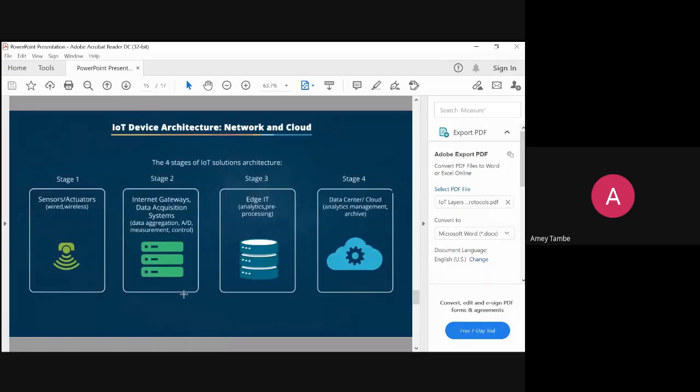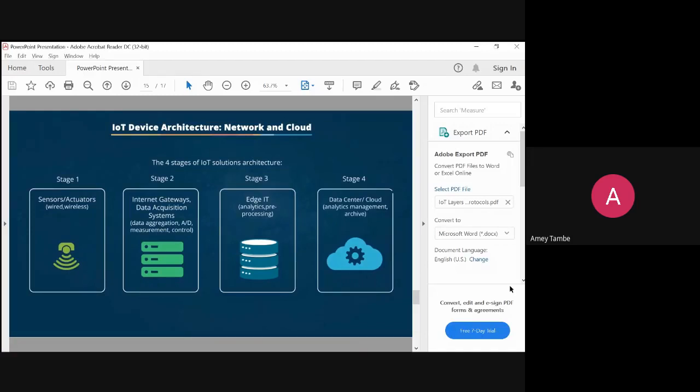Similarly, the solution architecture talks about a pretty similar way. It has a sensor and actuator which is connected to a gateway. Then we can have data acquisition systems where the data aggregation and the aggregated data management will happen. There can be access control and policy control, so IAM can happen there.